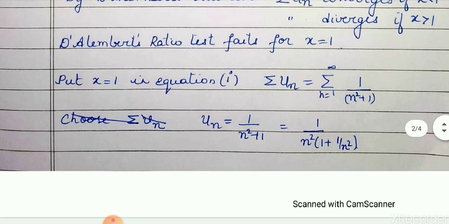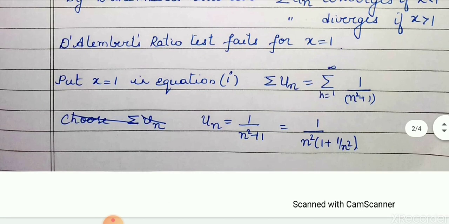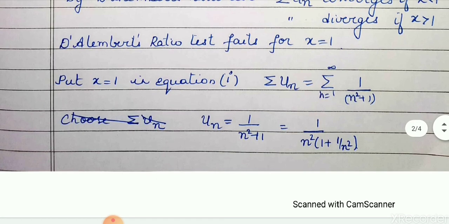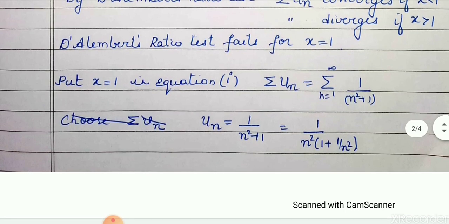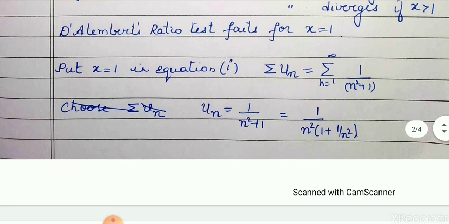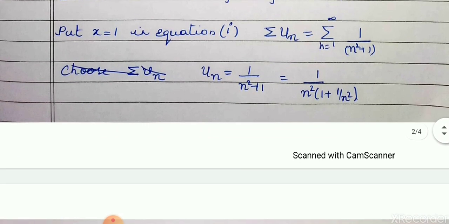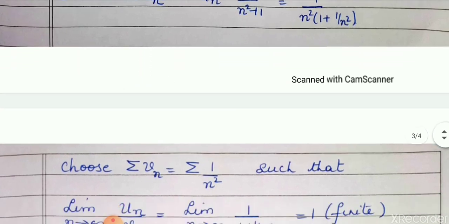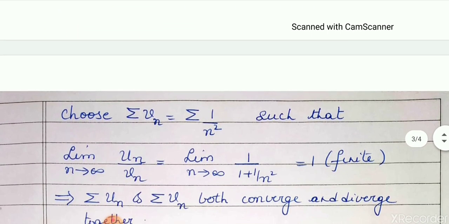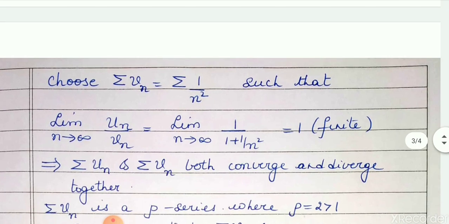Now when D'Alembert's ratio test fails, we go back to the simple test. Now the simple test, we know we have to simplify un and in that try to choose Vn. We go for the comparison test. So now n square is taken common, 1 plus 1 by n square. Now we choose Vn as sigma 1 by n square. We use the limit form test.